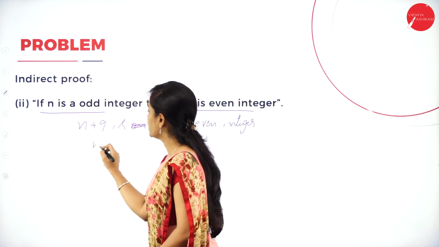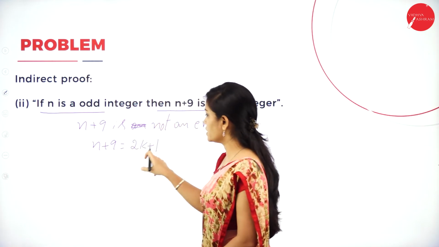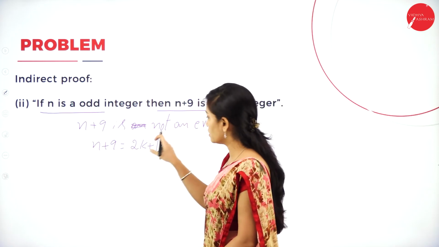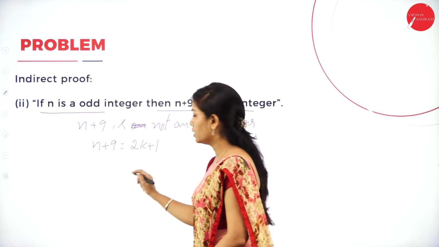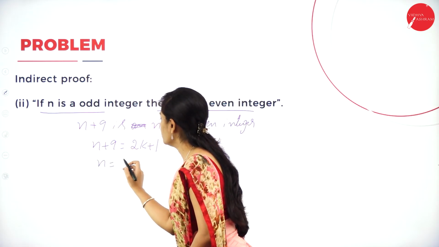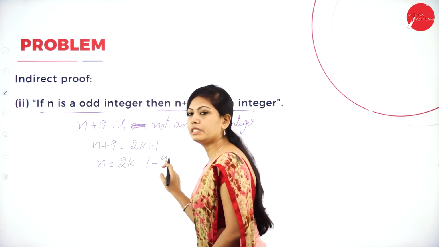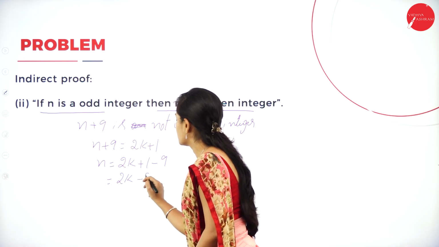So here n plus 9 is equal to 2k plus 1. If it is not an even integer, then it should be an odd integer. So n is equal to 2k plus 1 minus 9. Just move this 9 across, so you will get 2k minus 8.